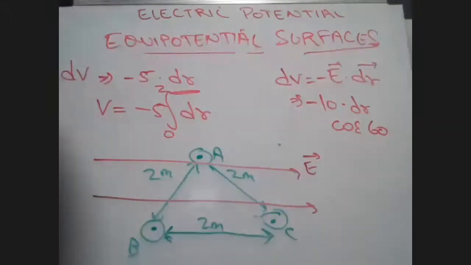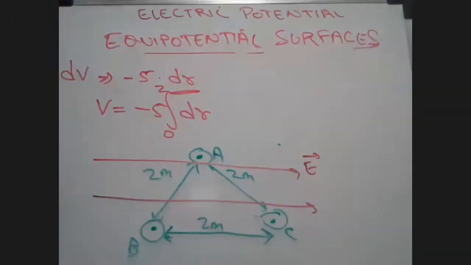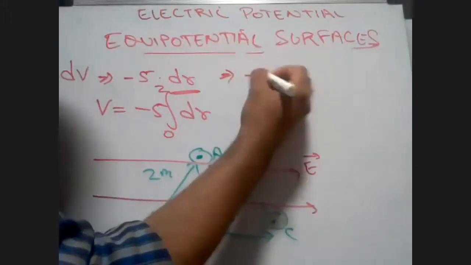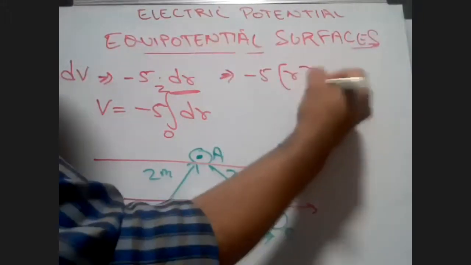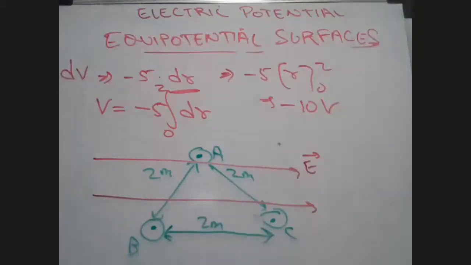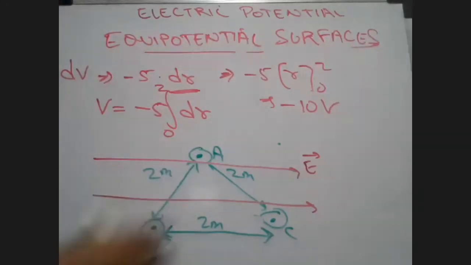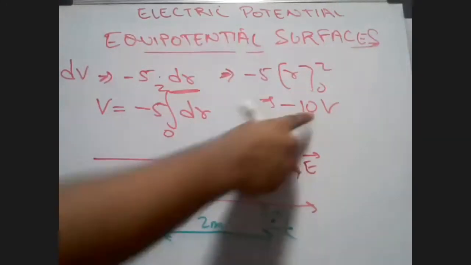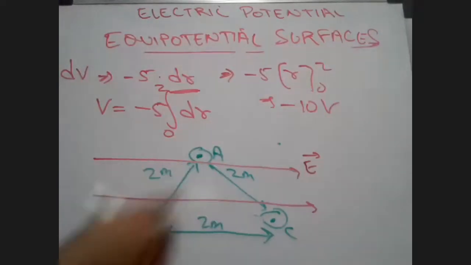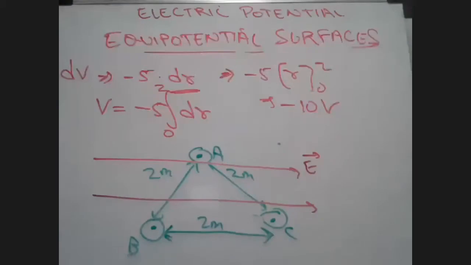That will be equal to minus 10 volts. So the difference of potential between A and B is going to be minus 10 volts, and you can see that it is decreasing. Is that clear?